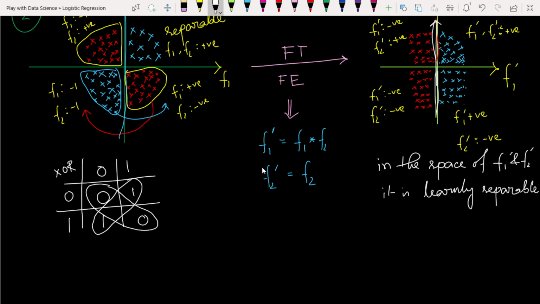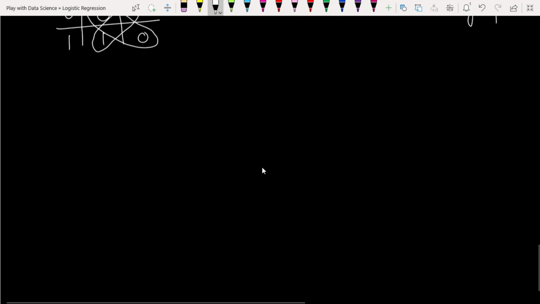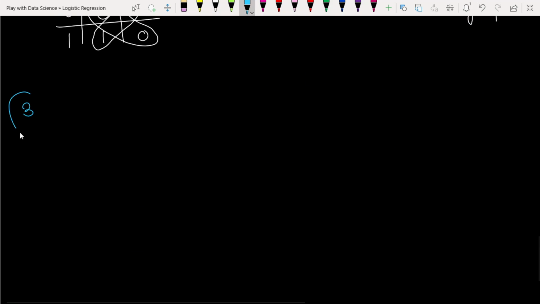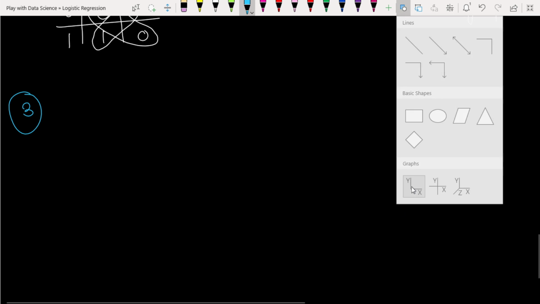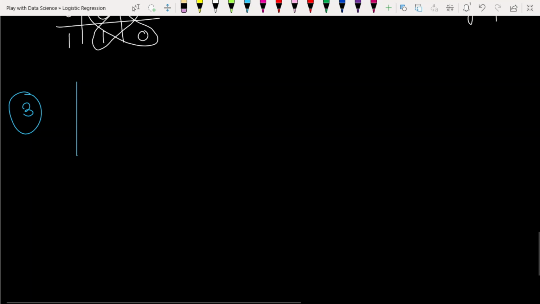Now let's take another example, example number 3. Suppose we take this kind of data set. This is F1 and this is F2.